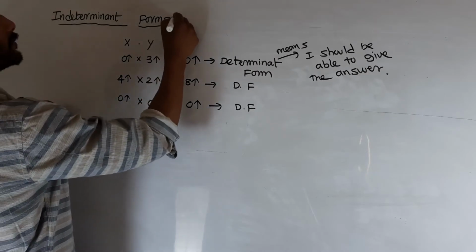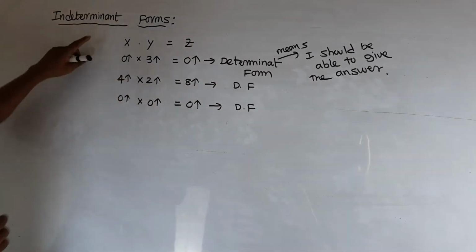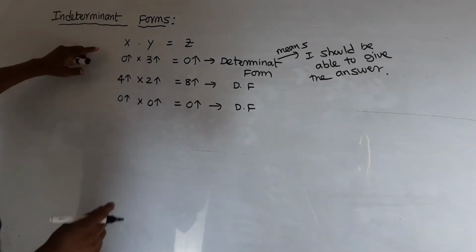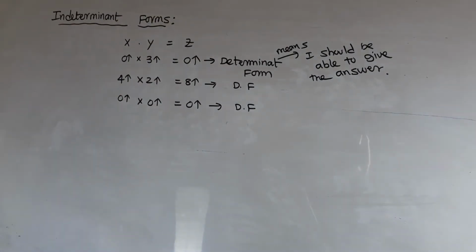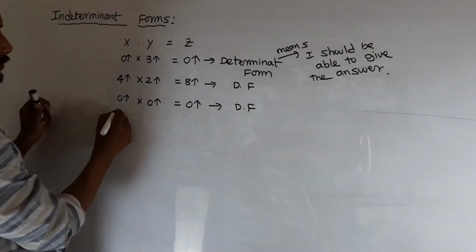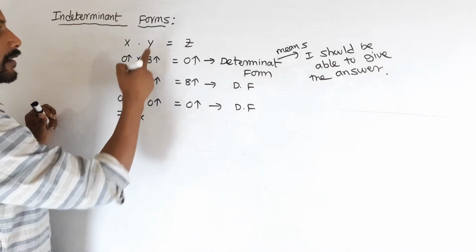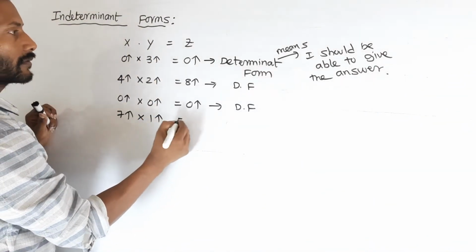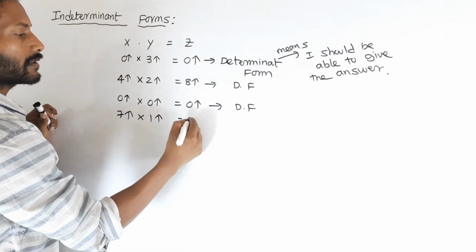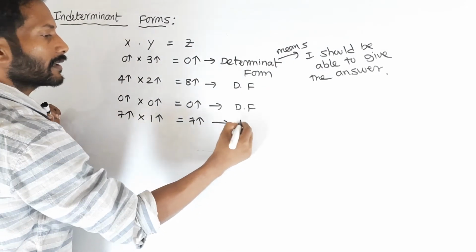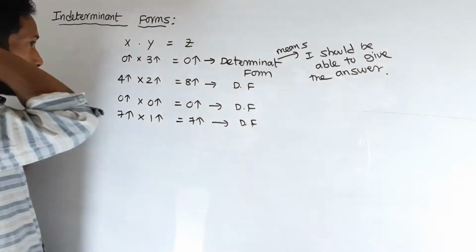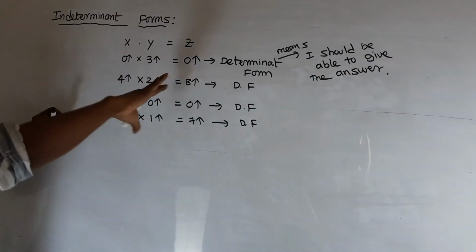Indeterminate form, I will explain. So x into y equals z. x approaches 7, y approaches 1. So z approaches 7 into 1, which is 7. This one is a determinate form. Determinate form means I should be able to give the answer.